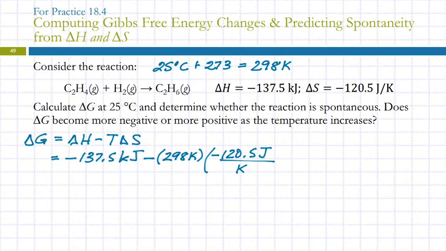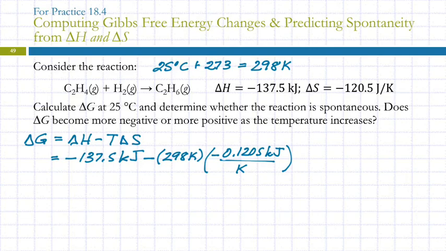So in kilojoules, that's going to be 0.1205 kilojoules per Kelvin. Some of you are still a little rusty on your conversions of kilos. Write it out if you find that you're getting them backwards.